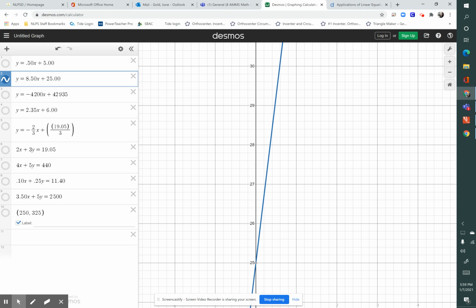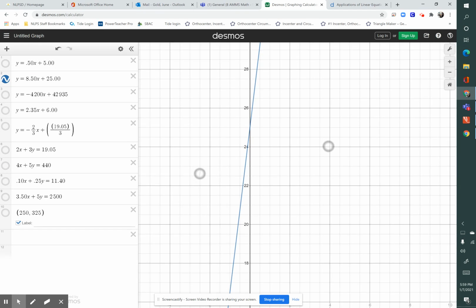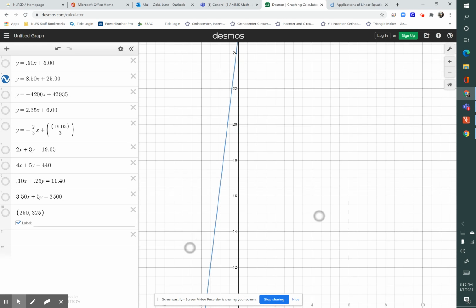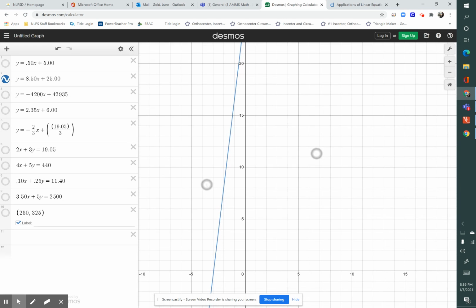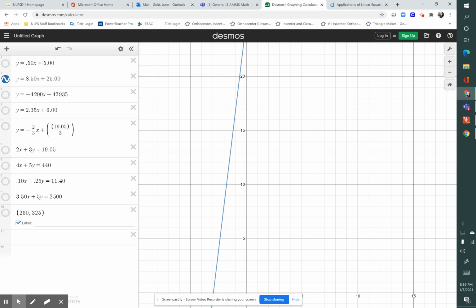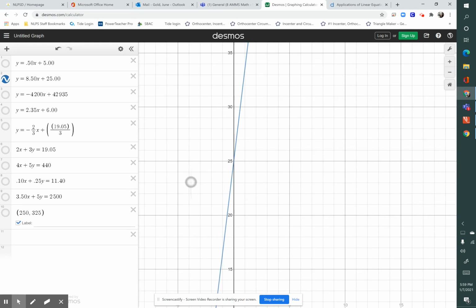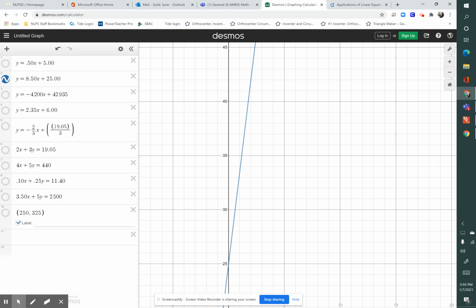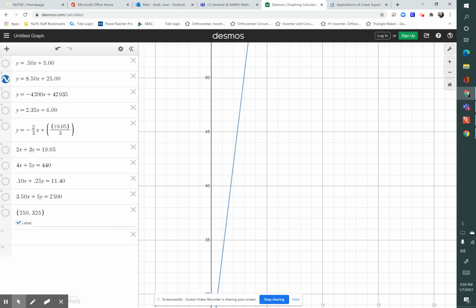Let me just make sure. Check my axis. When the numbers get big, your x and y axis can get really lost. So let's find where we have a point at 3.